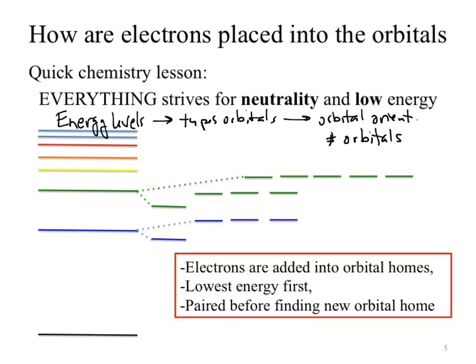Okay? So as we move through our energy levels, we can start to see how we can build larger and larger structures by adding our electrons in. And we've got some rules as far as how we put our electrons into these homes. We're always going to go lowest energy first, and we're always going to pair within an energy level before finding a new home.